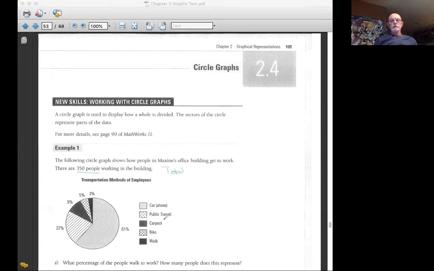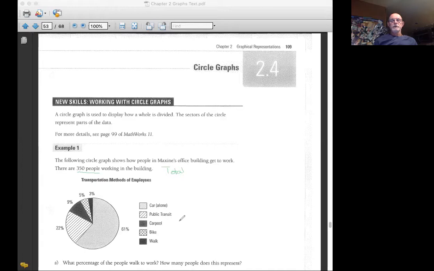This part of the unit is really about interpreting the graph as it is. All you're going to be asked to interpret really is how many people used each one of these transportation methods.